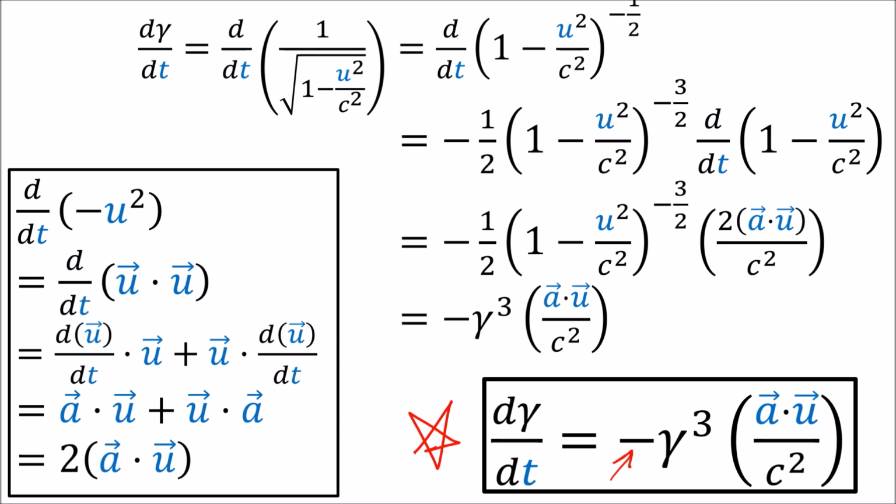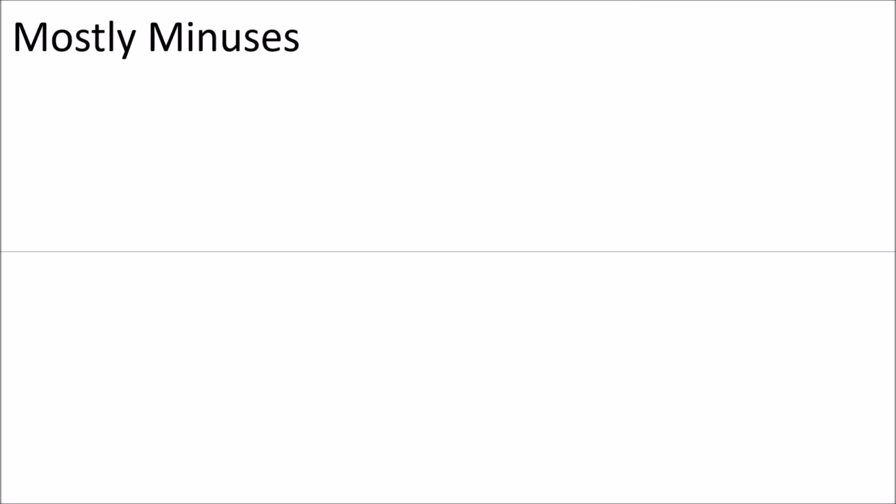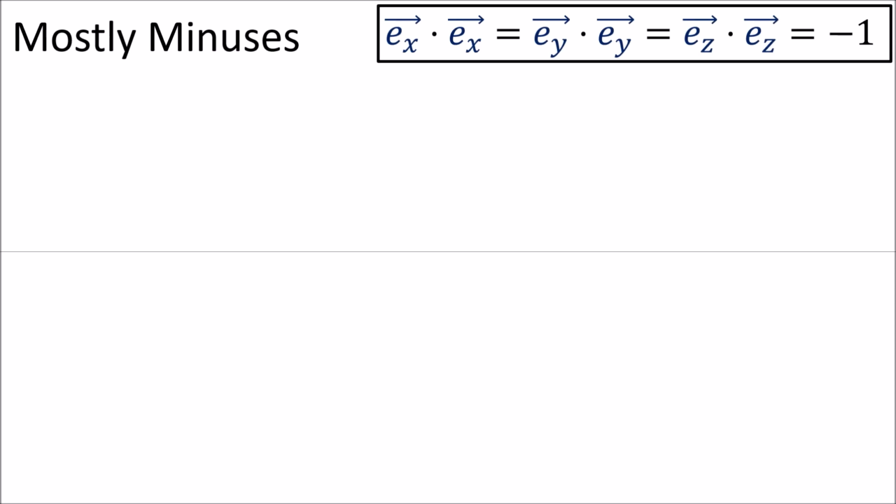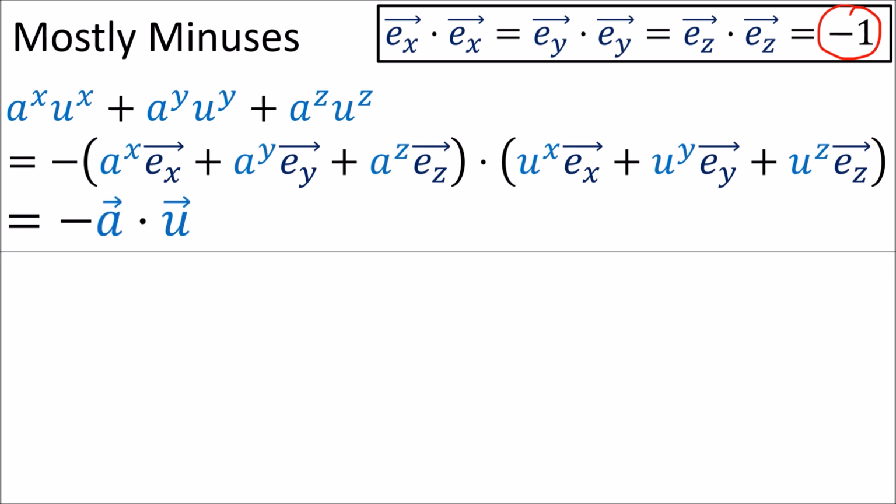Now, the reason that this minus sign is here is because I chose to use the mostly minuses convention for the Minkowski metric, where a position basis vector dotted with itself gives a -1. Because of this, the formula axux plus ayuy plus azuz is actually the negative of the little a vector dotted with little u.